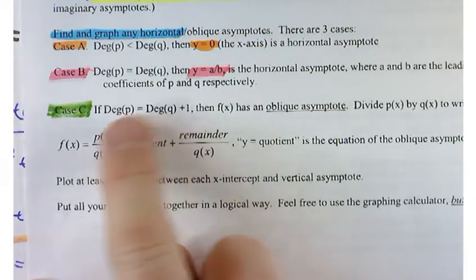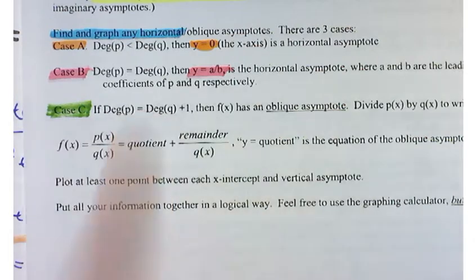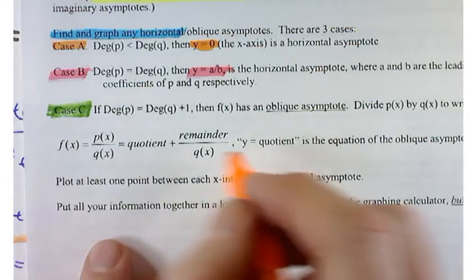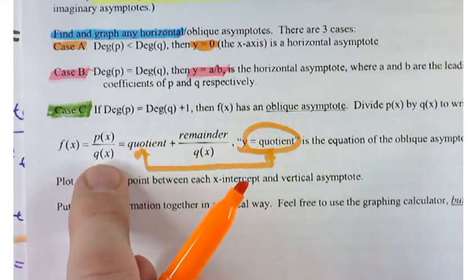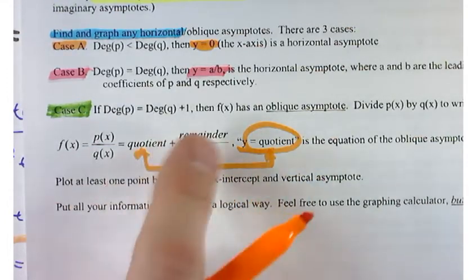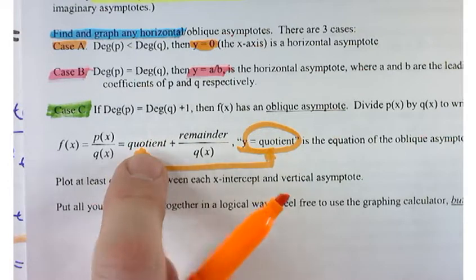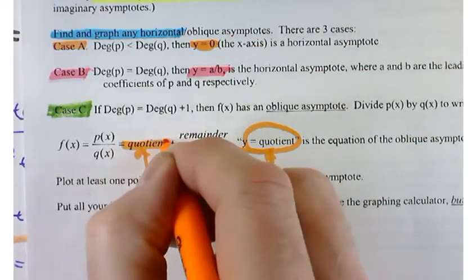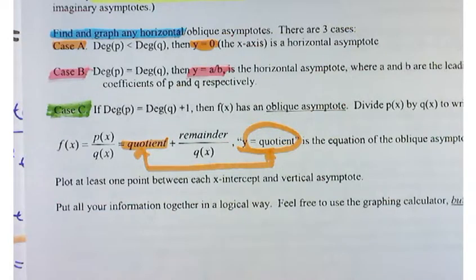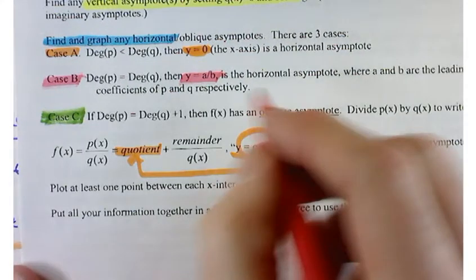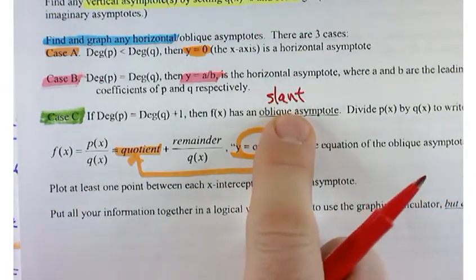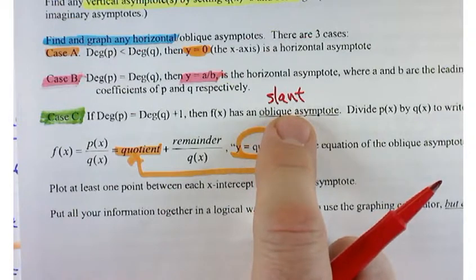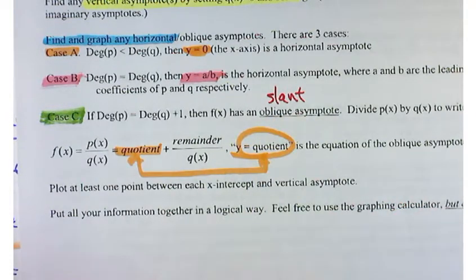Basically, it's saying the degree of the numerator is 1 more than the degree of the denominator. Then what happens is that your asymptote is y equal the quotient, where you're going to divide the numerator by the denominator. You get a quotient and remainder. The quotient part right here is going to be your oblique asymptote, or the book likes to call it a slant asymptote. I'm not sure which one is more old school or not, but the book uses slant asymptote, where I use oblique asymptote. They both mean the same thing, that your asymptote is on a little bit of an angle.